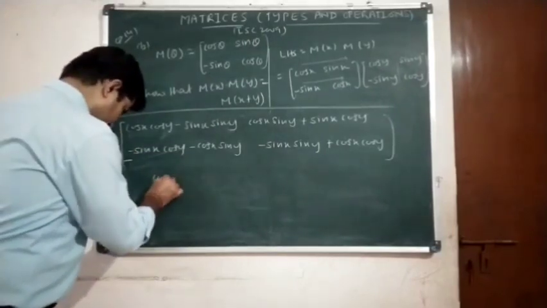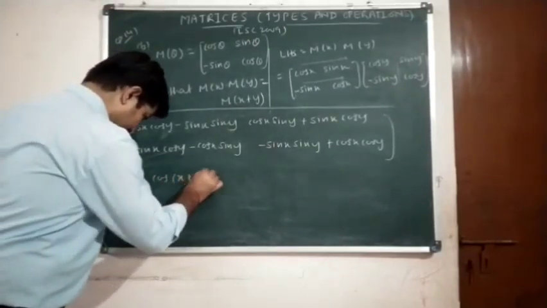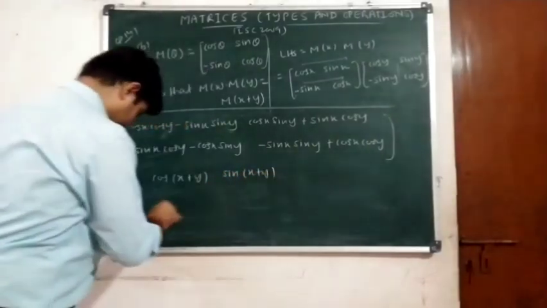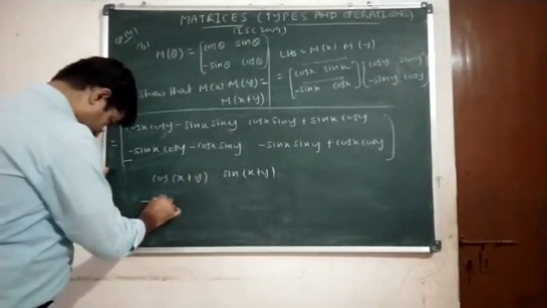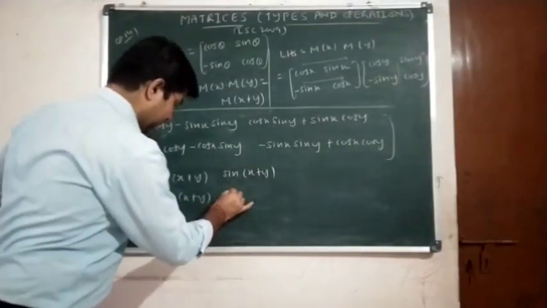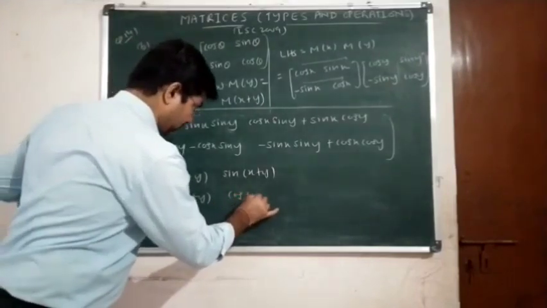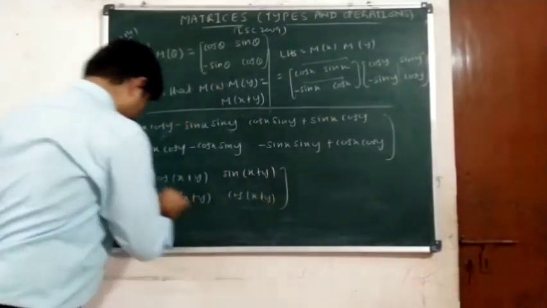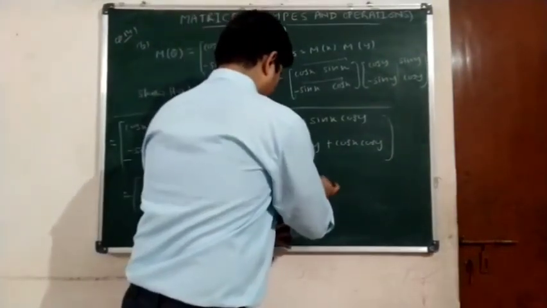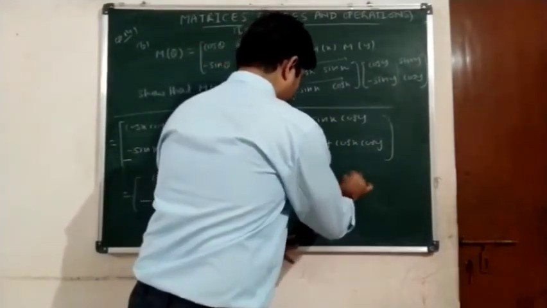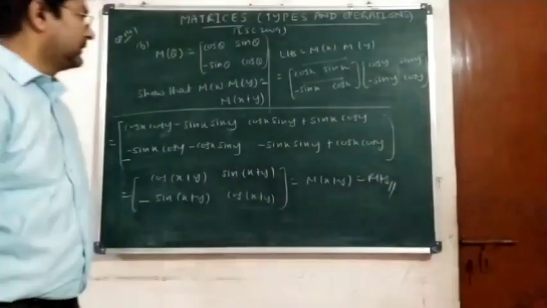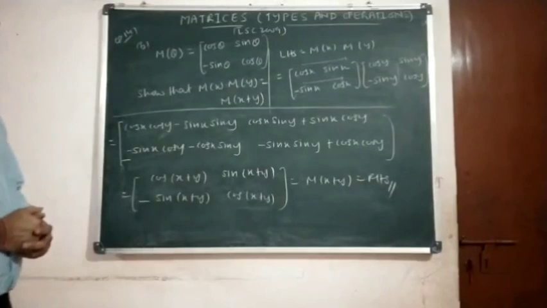So cos x plus y, sin x plus y, minus sin x plus y, and cos x plus y. So obviously this is equal to M of x plus y, which is equal to right hand side. Clear? So this is done.